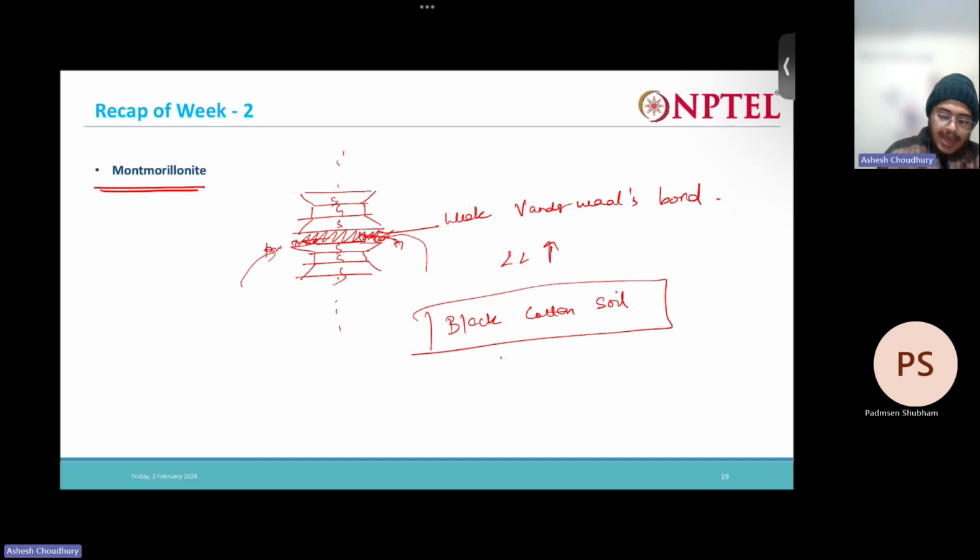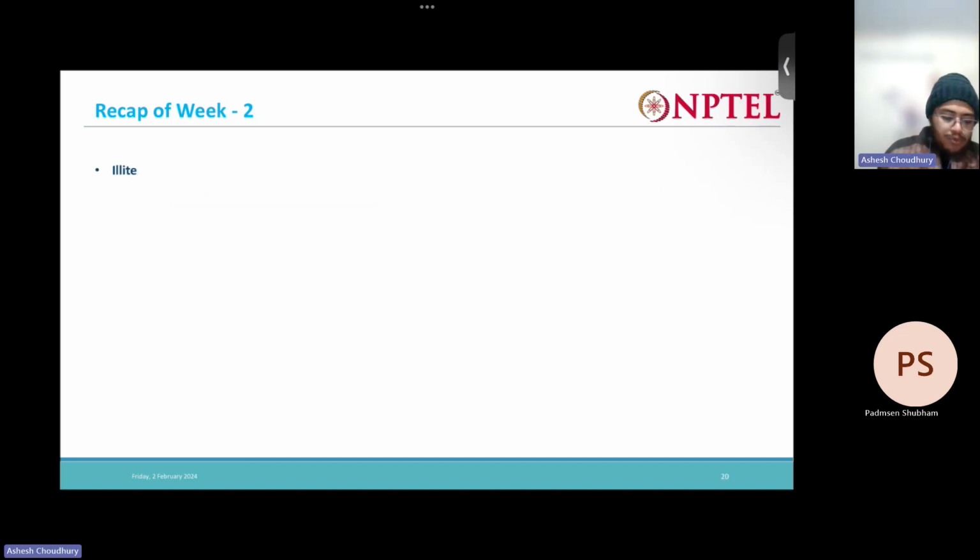There is one more mineral, that is illite. Illite is also similar to montmorillonite, but in between we have potassium ions. The bonding is formed by potassium ions, so this bond is a little bit stronger than the van der Waals bond.